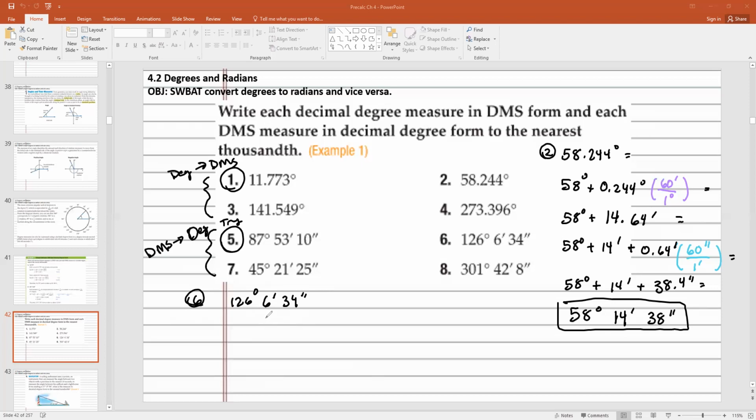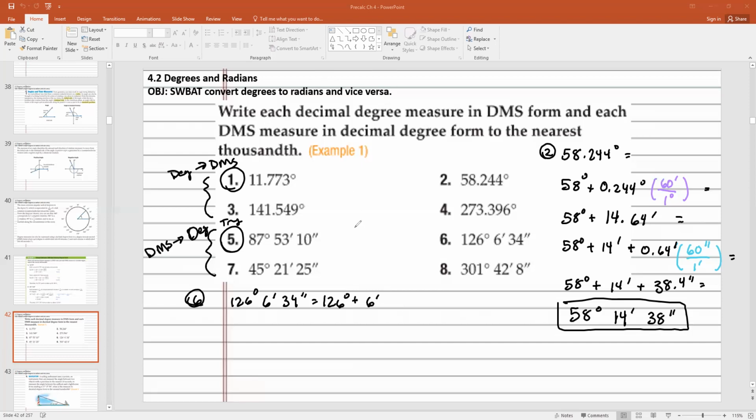All right, so what we're going to do is we're going to do 126. That one stays the same. Plus, and we're going to take the 6 minutes and we're going to multiply it by the reciprocal of what we did before.